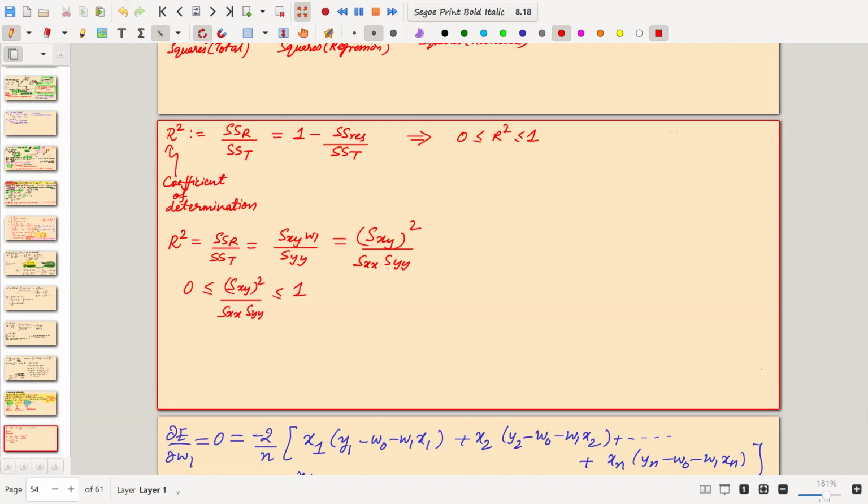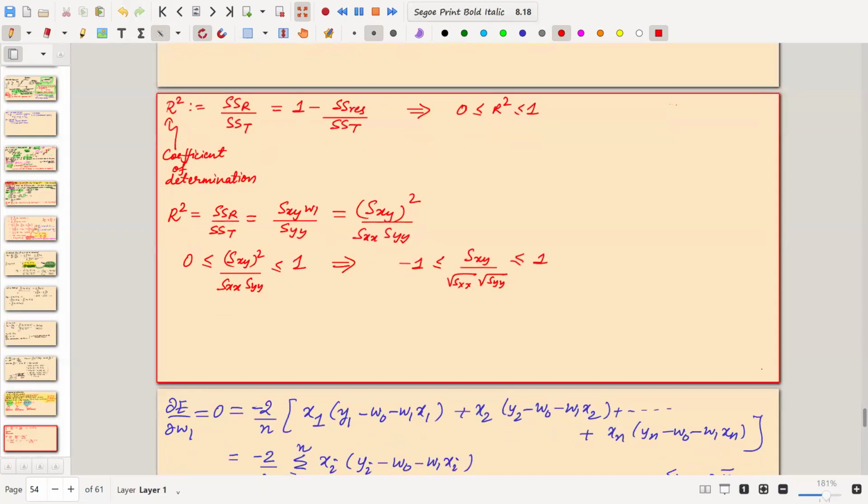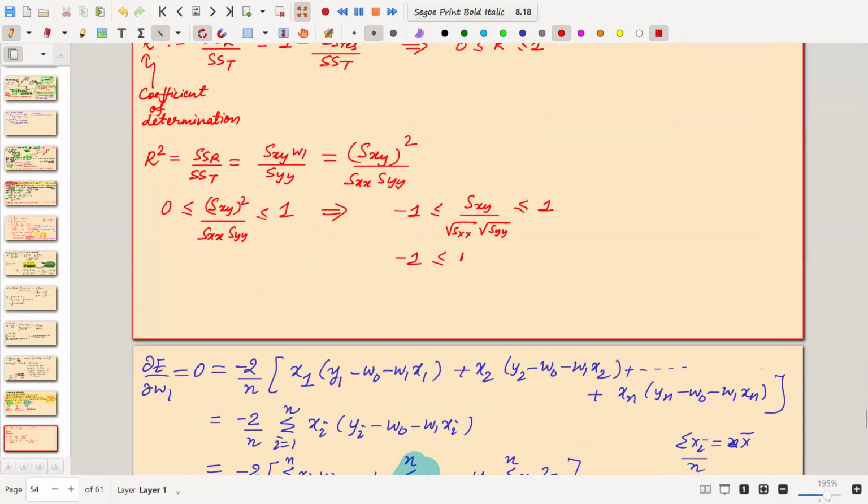Now, what does it imply? It implies that SXY divided by the square root of SXX SYY is between -1 and 1, because we are taking a square root. If you square it, it can lie on the negative side or on the positive side. So this lies between -1 and 1, and this is nothing but R, known as the correlation coefficient. So you understand what R2 is and what R is.